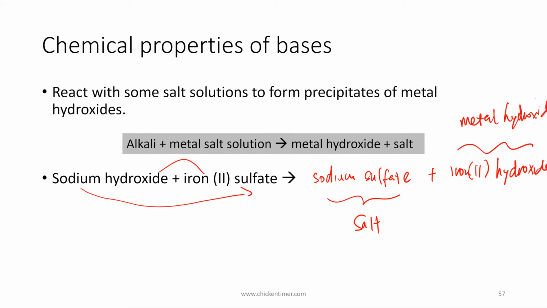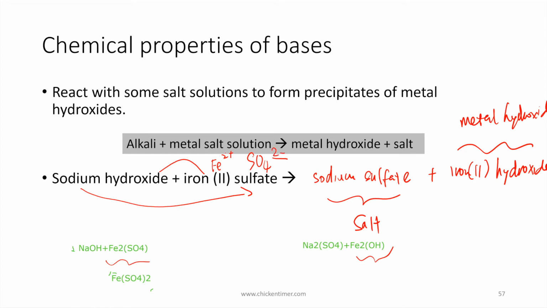So we will need you to practice your balancing equation here. I'll leave the rest for you to continue. Check the chemical formula. Iron 2 sulfate means that the valency of iron is 2 plus. Sulfate is SO4. What is the valency of sulfate? 2 minus.